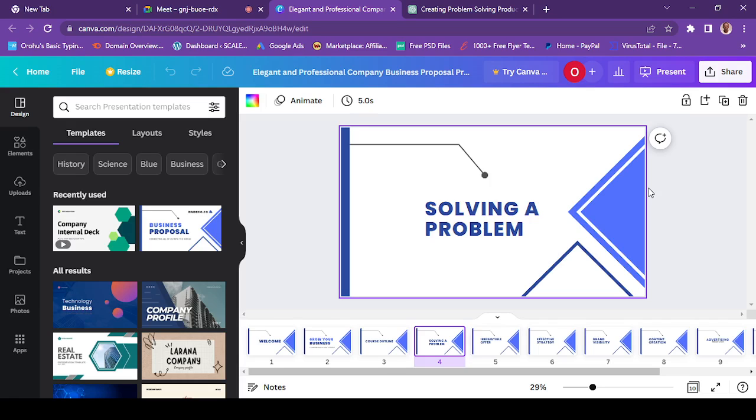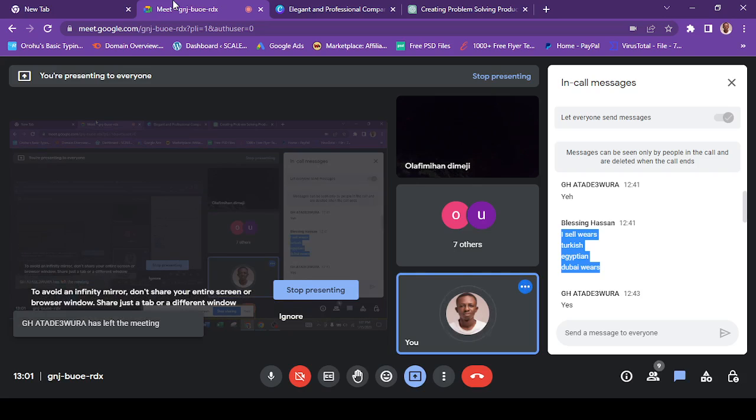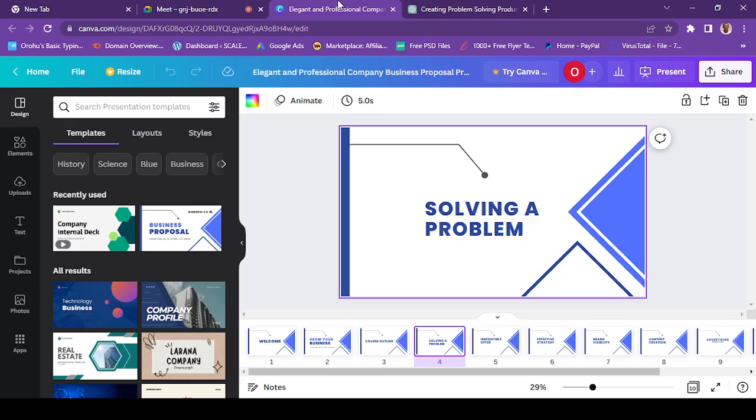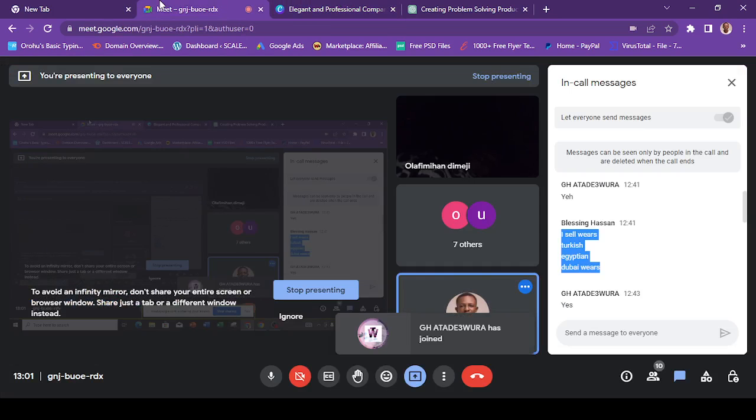So, solving a problem means a product; you must have a product. If you don't have a product, there is no way you can maximize the space. And having this product is not just about the physical product. It has to do with digital products too. For instance, comedians: their niche is the comedy line, so that is their product.